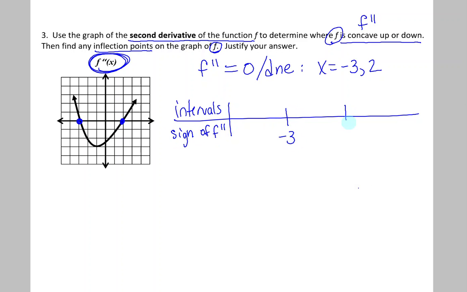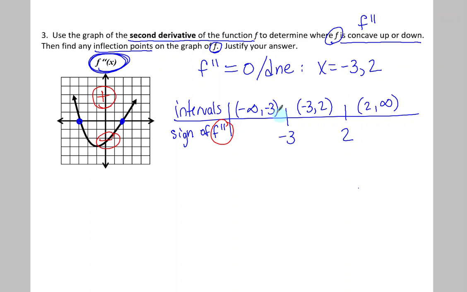-3 comes first, and then 2, and then our intervals go -∞ to -3, -3 to 2, and 2 to infinity. Now let's explore the sign of the second derivative. Because this is a graph of the second derivative, we're thinking about where the second derivative is above or below the x-axis. Above the x-axis is the positive sign, below the x-axis is the negative sign.